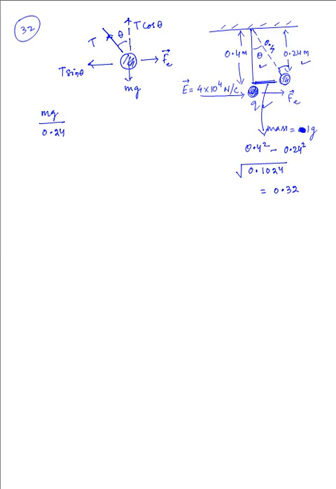So now that horizontal distance is 0.32, so vertical force by vertical distance will be equal to the horizontal force, that is the electrostatic force of repulsion, divided by the horizontal distance, that is 0.32. 0.24 cancels out with 0.32, because all of them are divisible by 0.04. So this is actually 6 times, and this is actually 8 times. So we have 6 and 8, which is again 3 and 4.